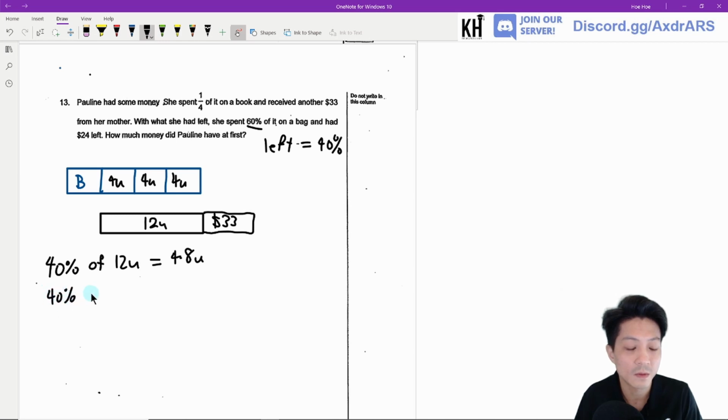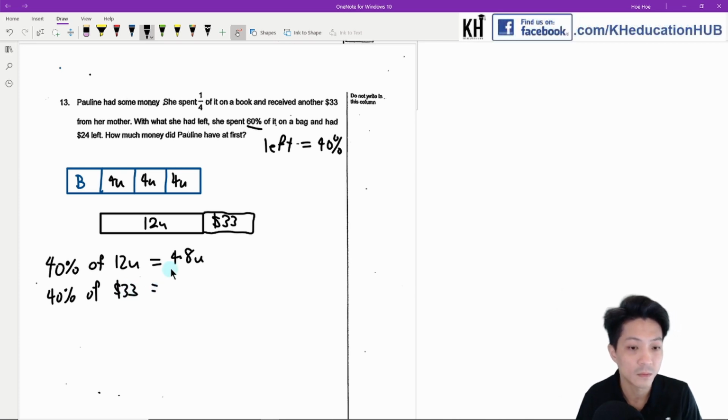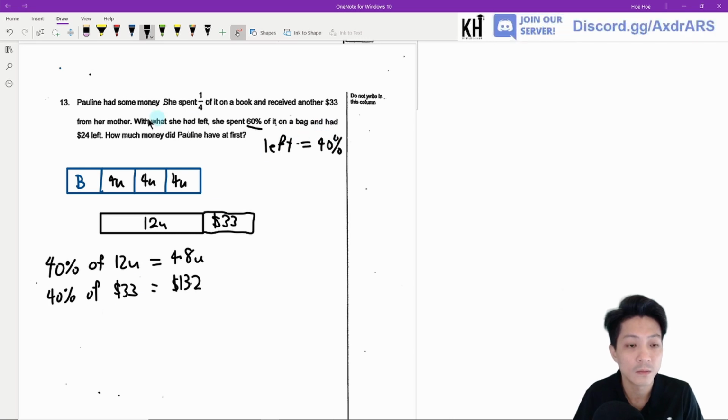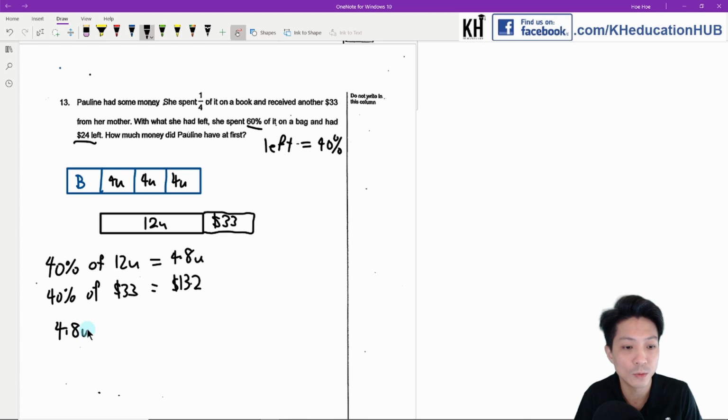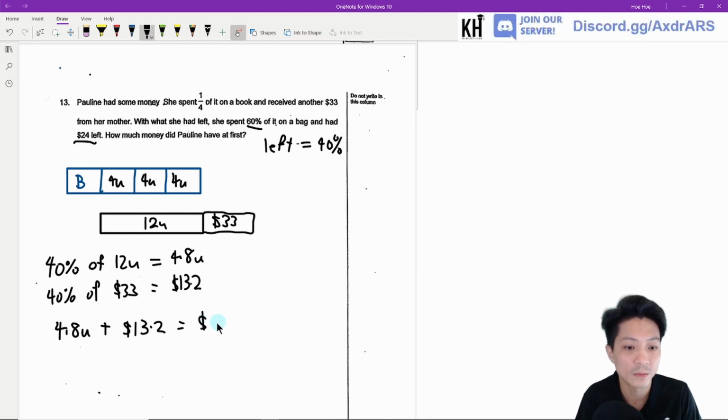and 40% of $33 is, okay, $13.2. Okay, if she's got $24 left, it means that the 4.8 units plus the $13.20 is equal to $24.